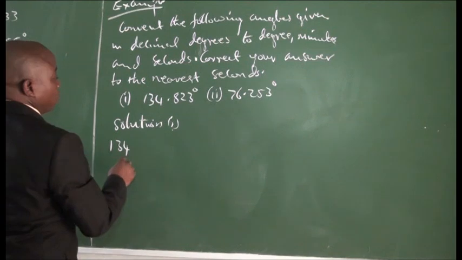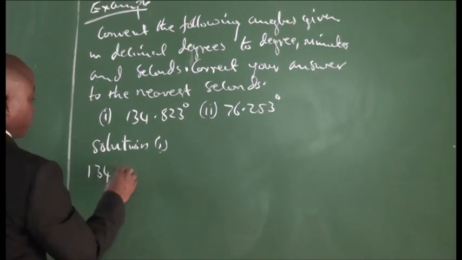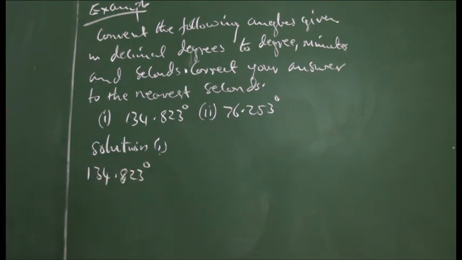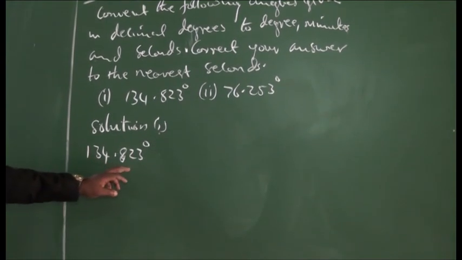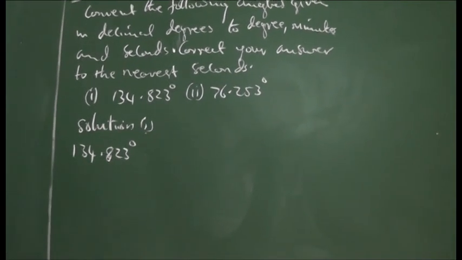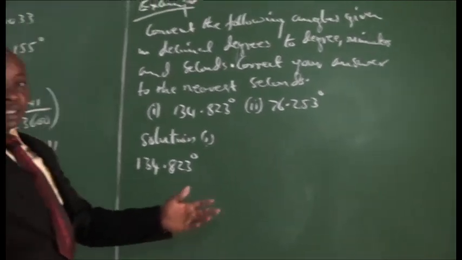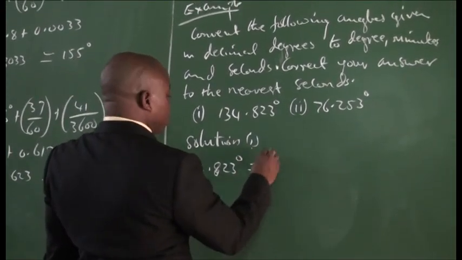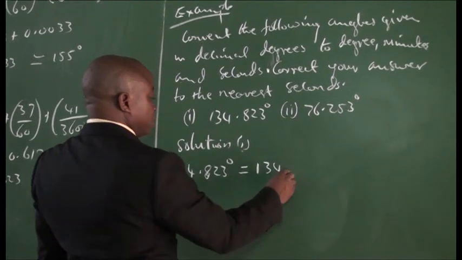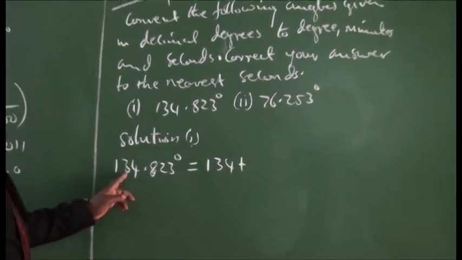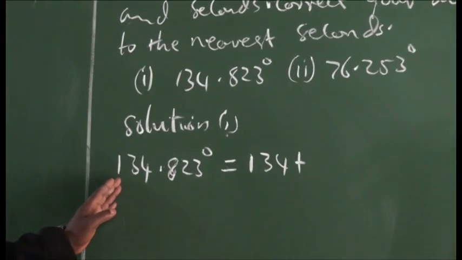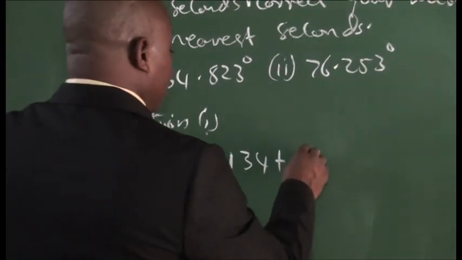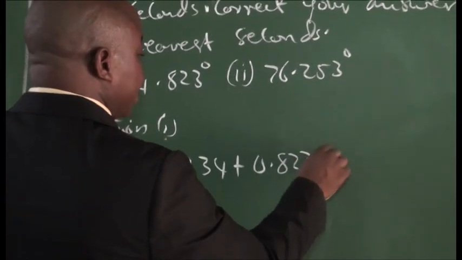I have 134.823 degrees. I want to convert it to degrees, minutes, and seconds. So what I will do, this will be equal to 134 plus, now see this one, which is the whole part. We'll first write the whole part. Then the decimal part is 0.823 times 60.